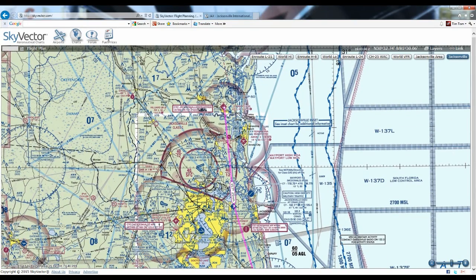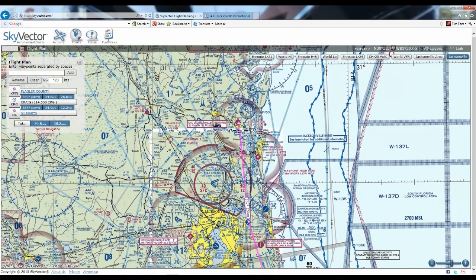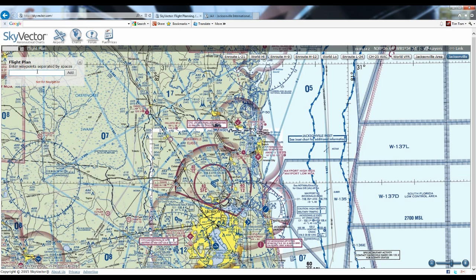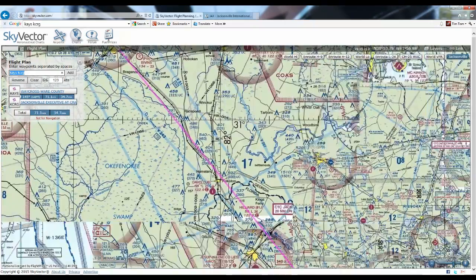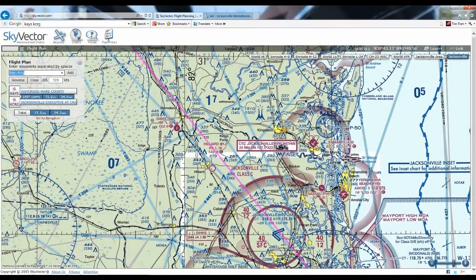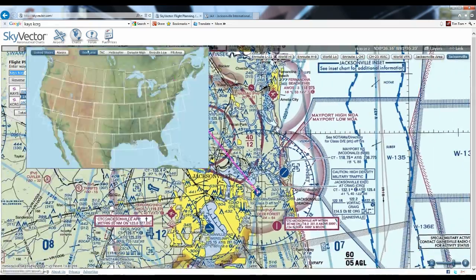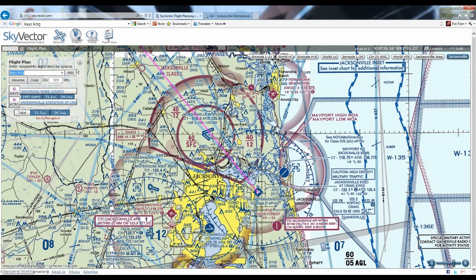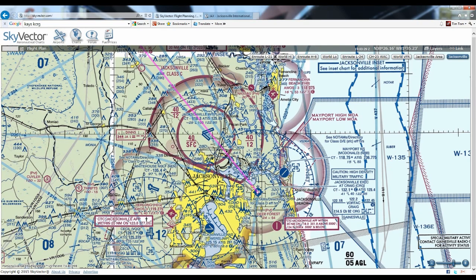So let's say we were coming through here, or actually better yet, because I have a plan for this. Let's just add Kilo Alpha Yankee Sierra, Kilo Charlie Romeo Golf. Let's say this was our flight plan. So we're going to land at Craig. We have to get through the class Charlie to get to Craig, or we have to go way out of our way to get around it.